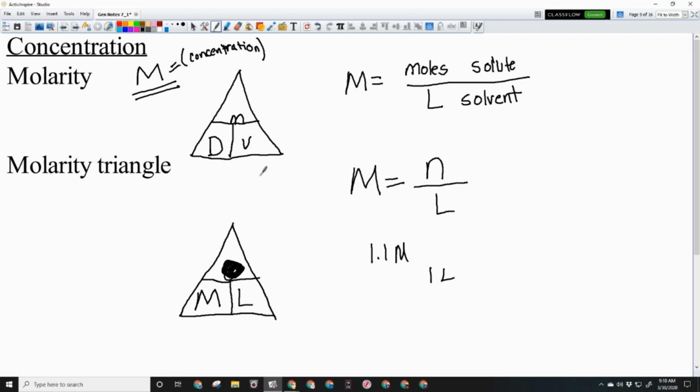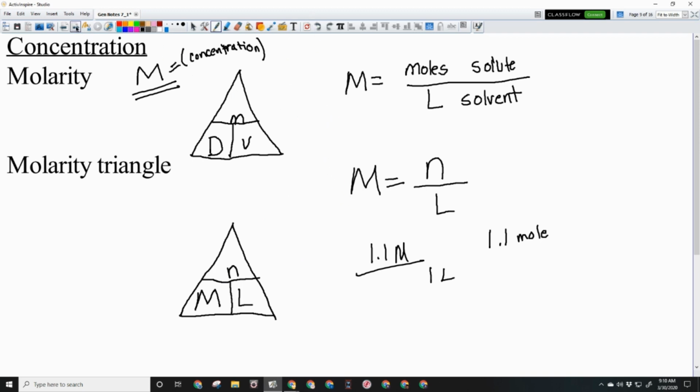Then another question is going to say you have this molarity and you have the number of moles. How much liquid did we have? We're looking for liquid, so it's going to be moles divided by the molarity. Remember, that's how you use the density triangle.